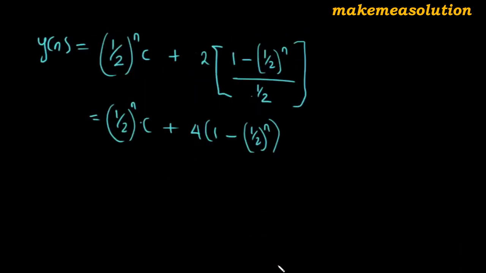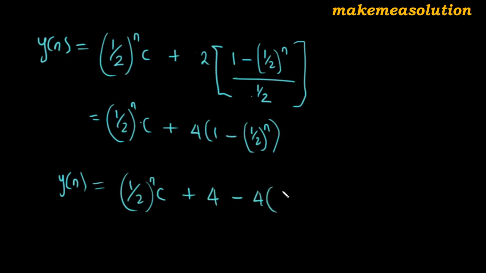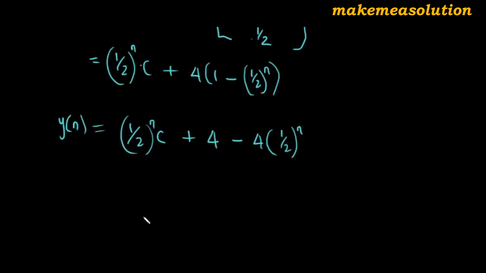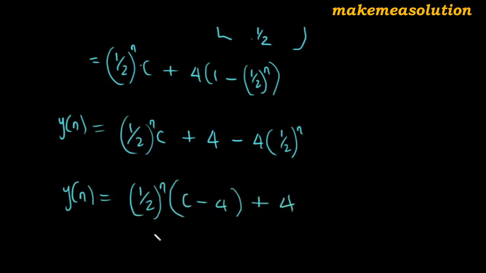So if we open the brackets and collect like terms, our y of n will be 1 over 2 raised to the power of n, c plus 4, then minus 4 times 1 over 2 raised to the power of n. Is that okay? So if you have it like this, you can easily factor out; your y of n is now going to be 1 over 2 raised to the power of n into c minus 4, and you now have plus 4 outside here.